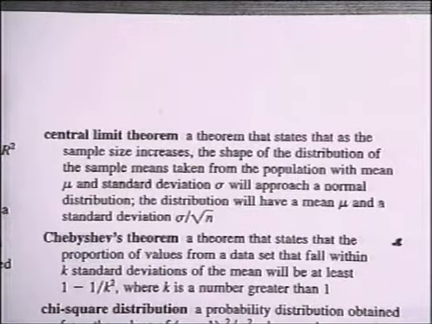If I go take another sample of 25 items and take that mean, that's the second mean. Those sample means will be normally distributed, even if the population is not normally distributed, as long as you're dealing with simple random samples.